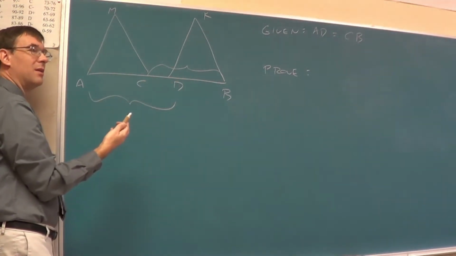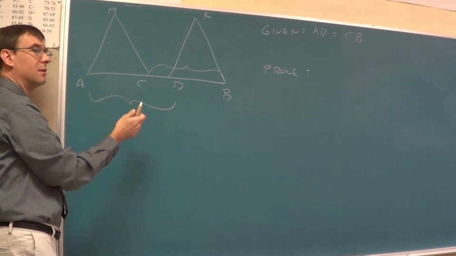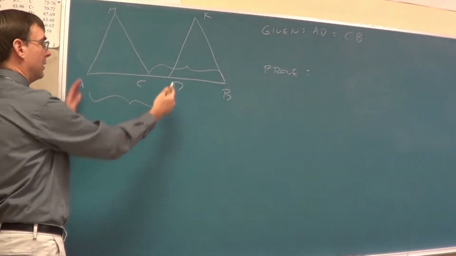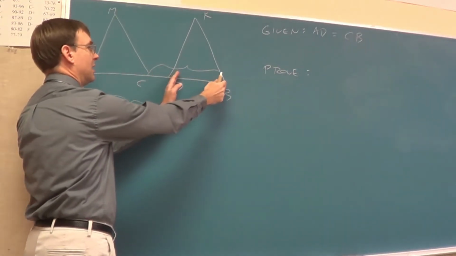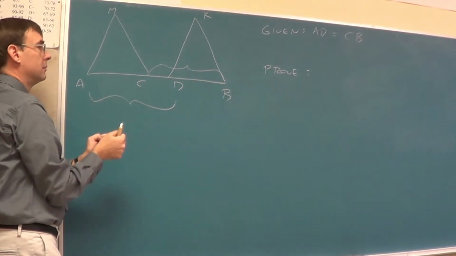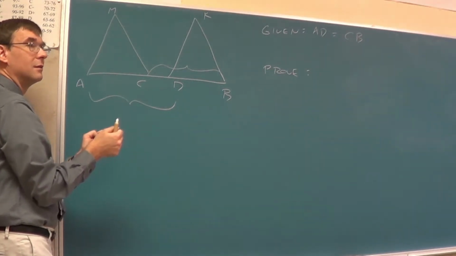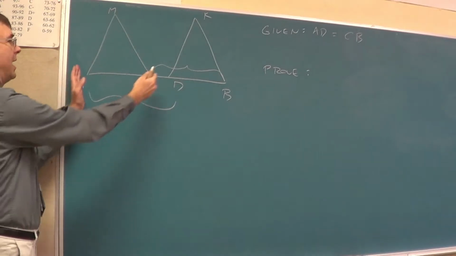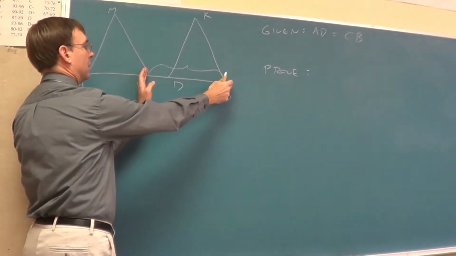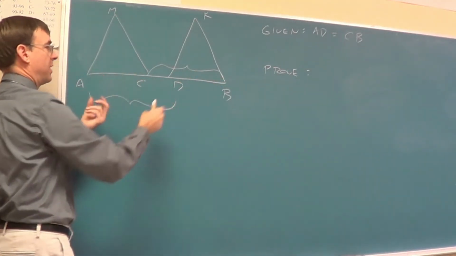Why would that happen? Like this matched this, so why would this have to match this? Even without geometry reasons, just looking at it, if these are the same length, why would those slightly smaller things be the same length?